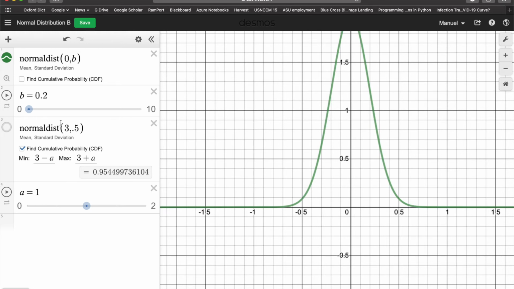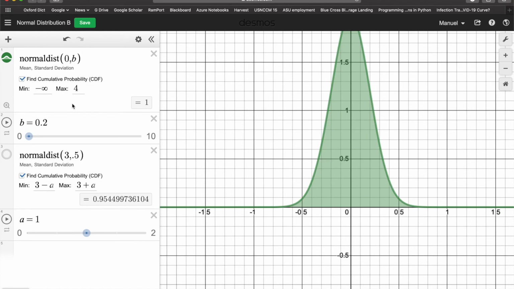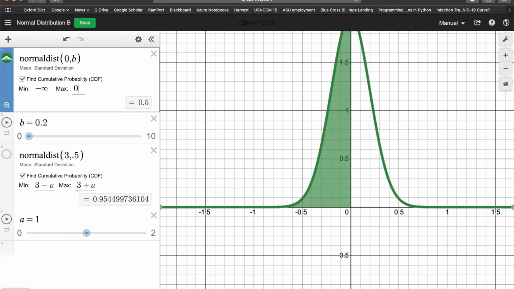And there is another interesting thing about the function in Desmos. We can compute the cumulative probability, and that means computing the integrals. So let's have an example. Let's say we are going to compute the integral from minus infinity to 0. In this case, we are computing half of the area, and that's exactly what we expect.